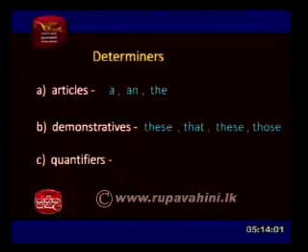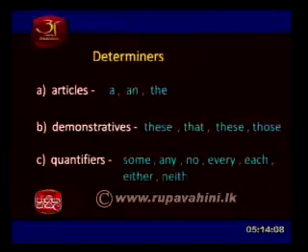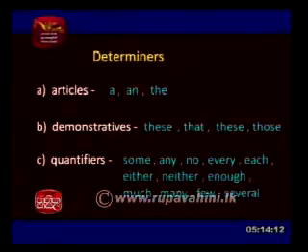And quantifiers, they talk about the quantity, some, any, no, every, each, either, neither, enough, much, many, few, several. I think, children, all these things are very familiar. You all have learned them from your smaller grades. And so I think I have refreshed your mind about all these word classes.